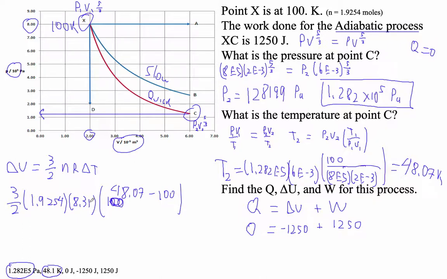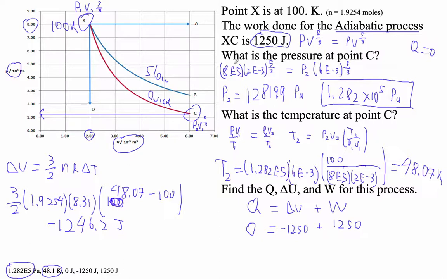So let's try that. 3 divided by 2 times N, where's N? It's way up there. Oh, there it is, I found it. So 3/2 N times 8.31 times parentheses 48 number minus 100. I'm using numbers that are not rounded. And I get negative 1246.2 joules. Notice that that's about the number they gave us.